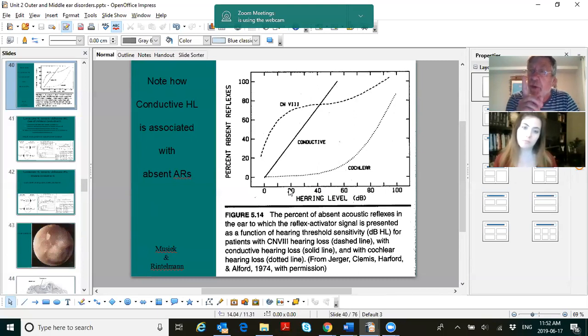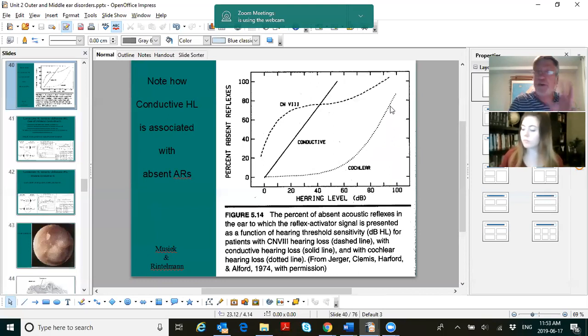But sensory neural, look at the bottom here where it says cochlear. That's what they mean by sensory neural. Once you get past 60, once you get past the outer hair cell range, you round a corner. And now you're into neural hearing loss. And when you've got inner hair cell pathology, you dramatically have more absent acoustic reflexes. Have a look at that. So sensory neural loss should likely still have acoustic reflexes.